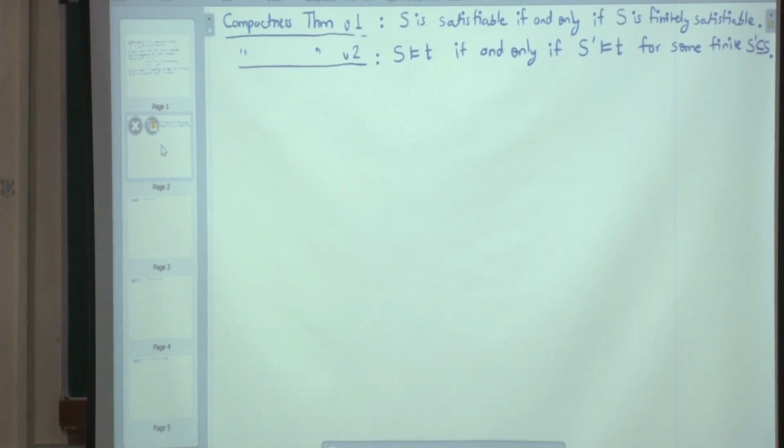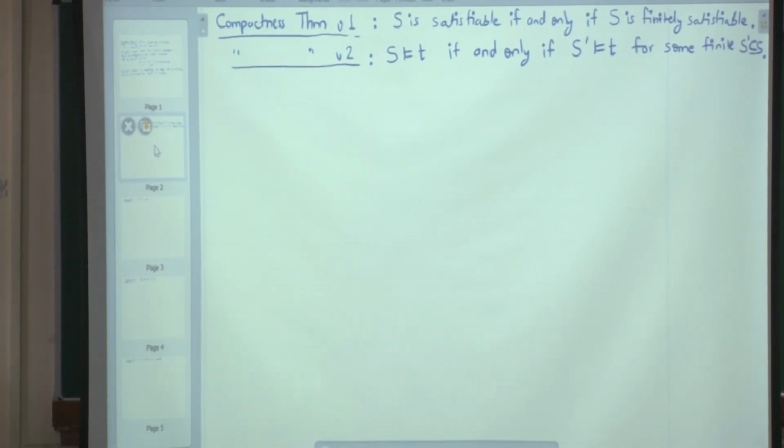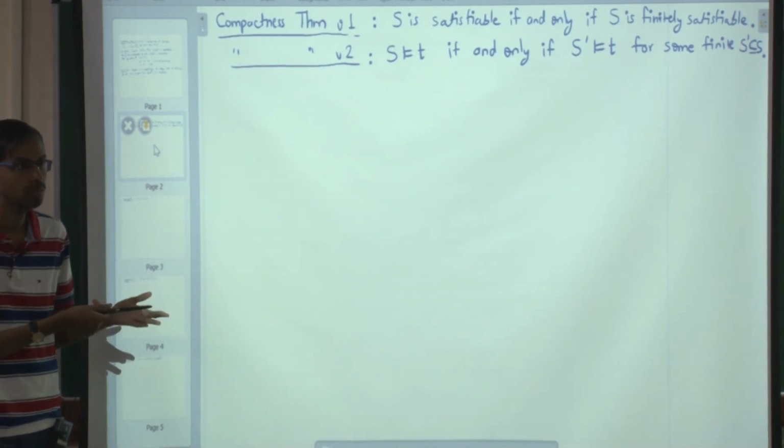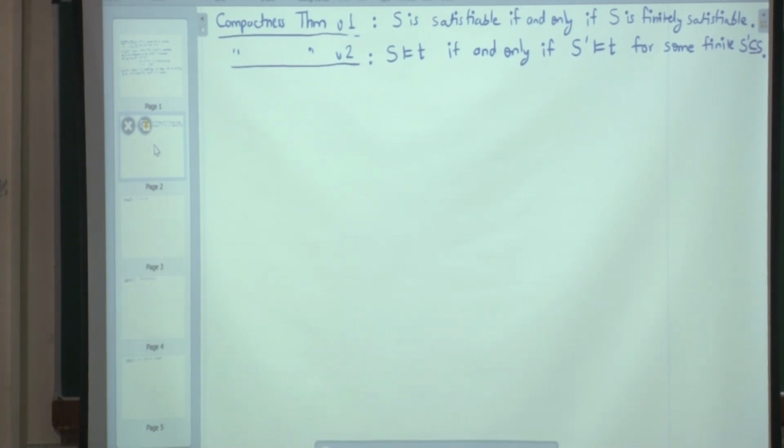So let's go to the next one. We want to prove compactness theorem version 1 and version 2 from the completeness theorems. We have already done one part in the class: we have proven version 1. Now how would you like to prove version 2? Either you can just use version 1 to prove version 2, or you can use completeness theorem version 2.